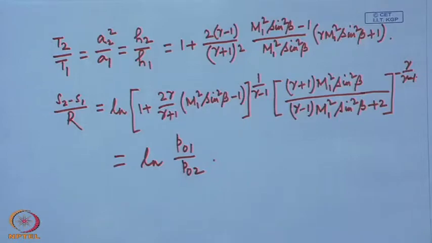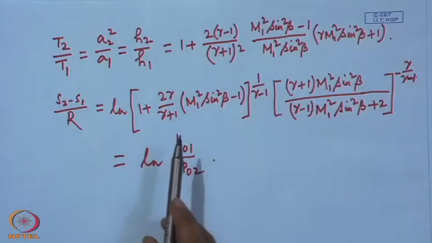Once again, we see that the ratios depend only on the normal component of the velocity or normal component of the Mach number, and of course, on the gas itself.